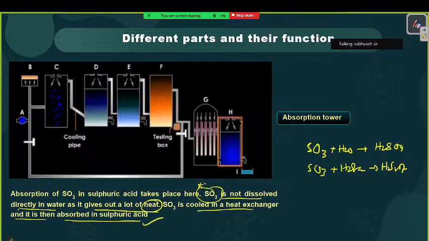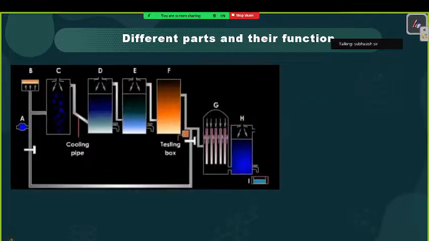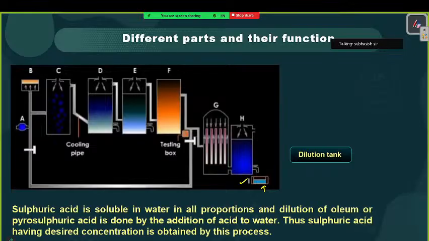Now, after the formation of oleum, we come to the last step, that is the dilution tank. Here you see that this is the dilution tank. Sulfuric acid is soluble in all proportions, and this is the dilution of oleum.